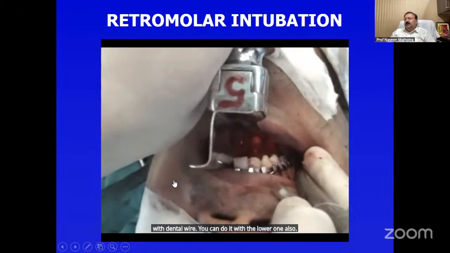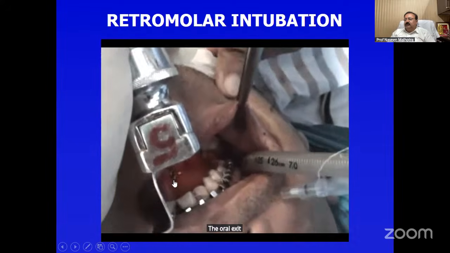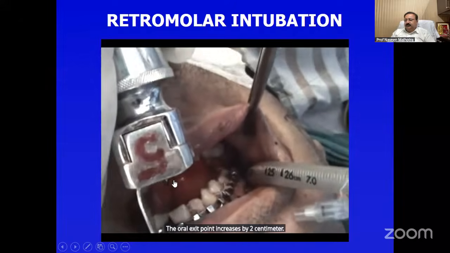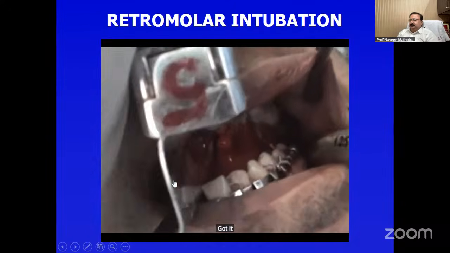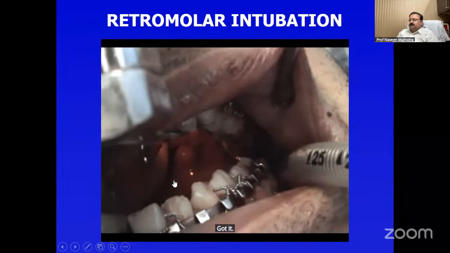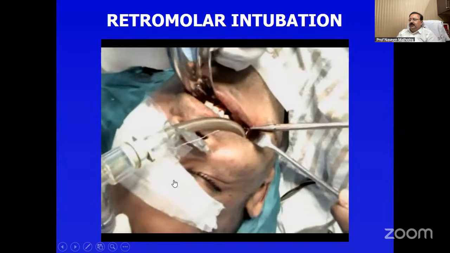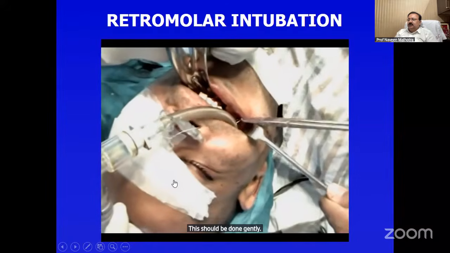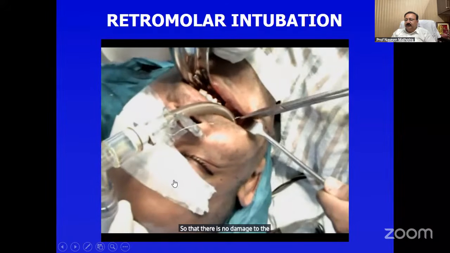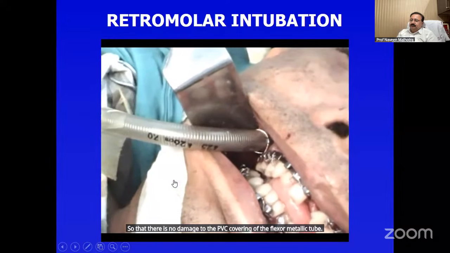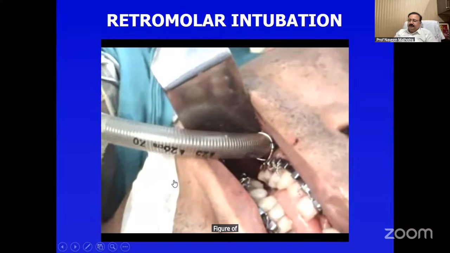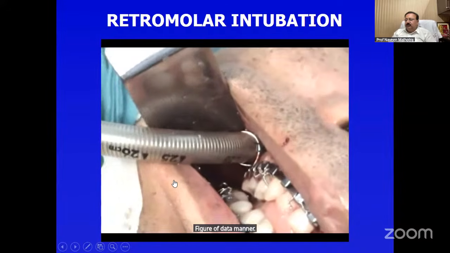The oral exit point increases by 2 centimeters because the tube is going to take a curve. This should be done gently so that there is no damage to the PVC covering of the flexometallic tube. Figure of 8 manner: if there are arches, it is easy.